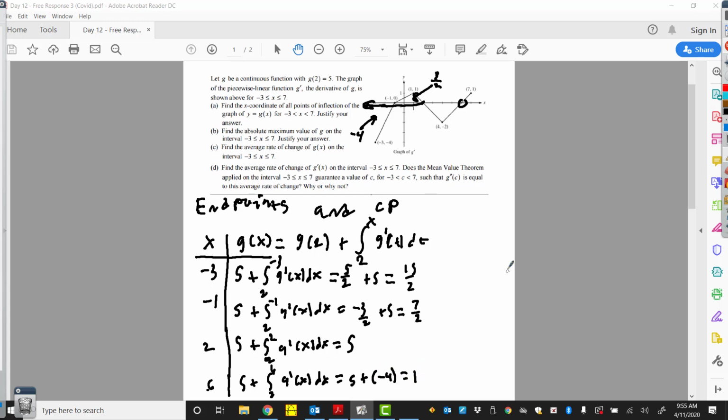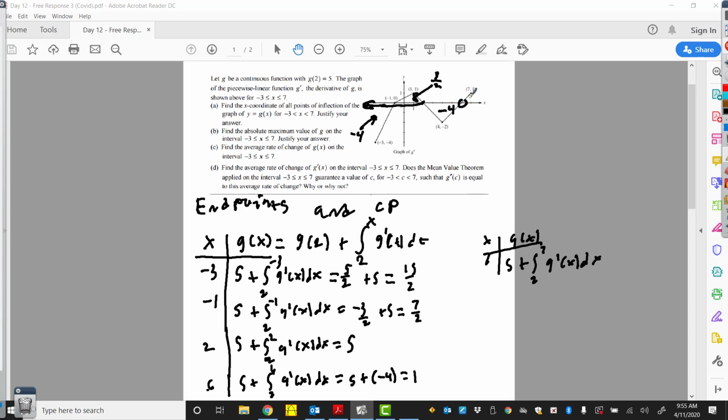That's not the max. And then over here off to the side, because I'm running out of space, we'll do 7. So we have 5 plus the integral from 2 to 7 of g prime of x dx. We already know this was -4. So we just need this last little triangle here.